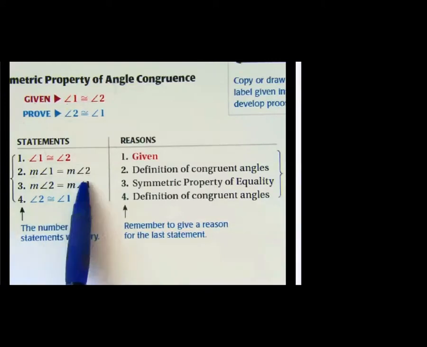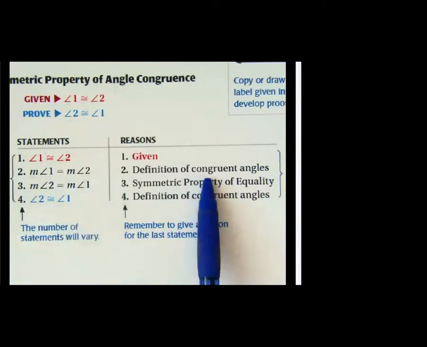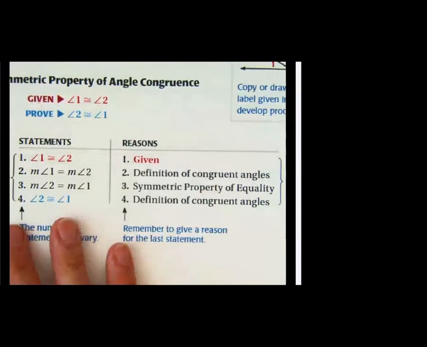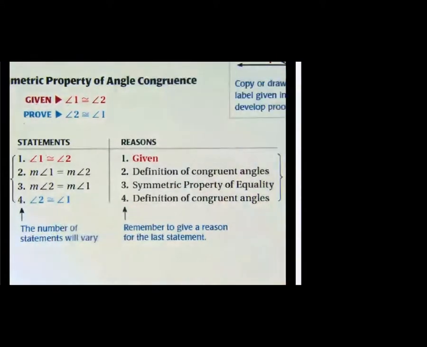Why am I allowed to say this? Because that is the definition of congruent angles. Congruent angles are angles with the same measure. You remember a definition is biconditional, which means we can say it frontwards and backwards. This one's probably actually a backwards one, but either way is the same because they're biconditional.